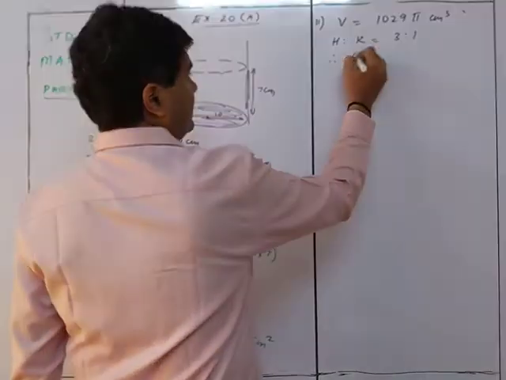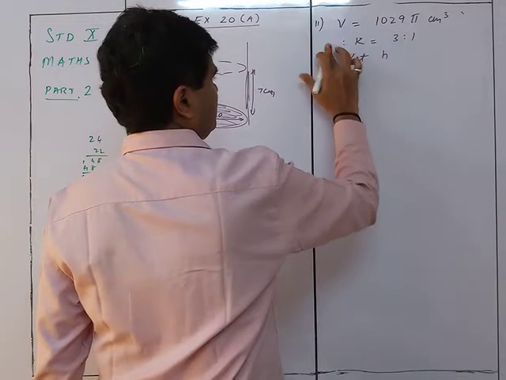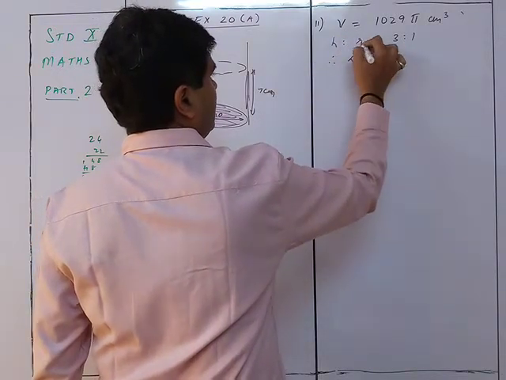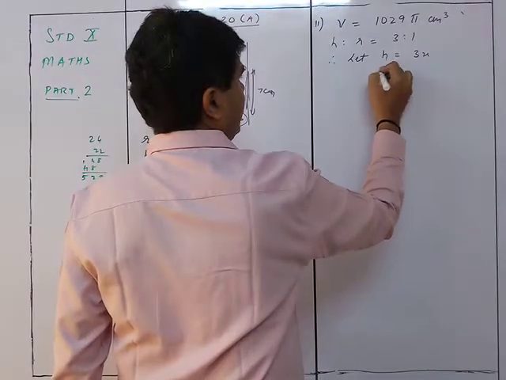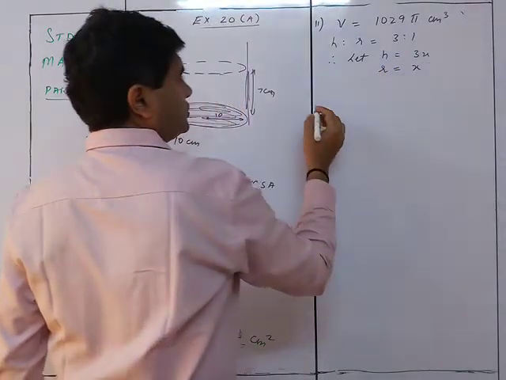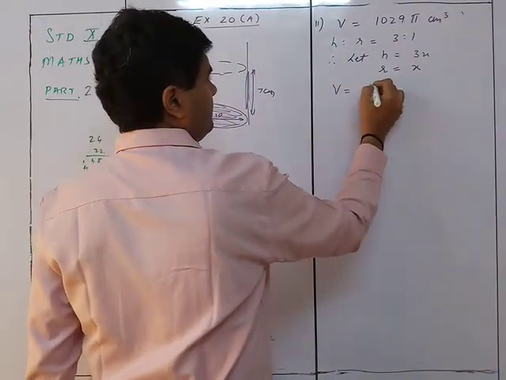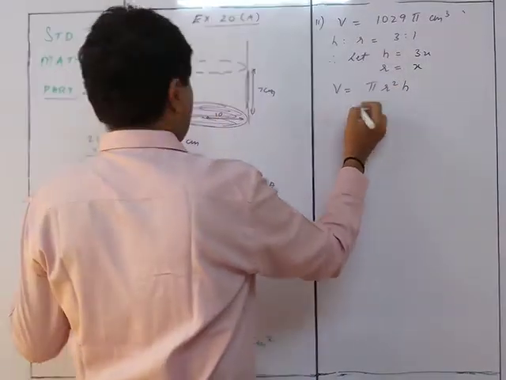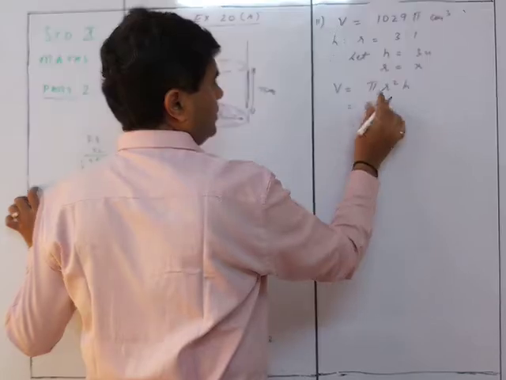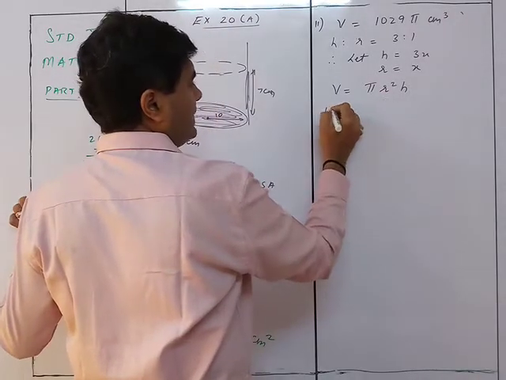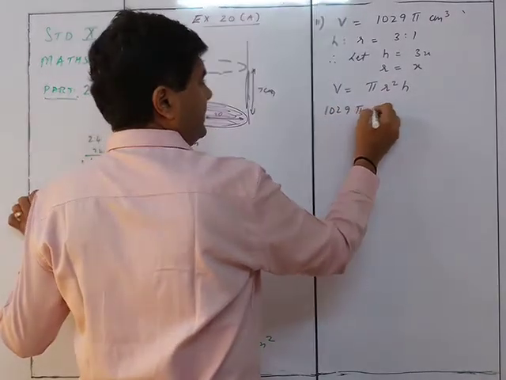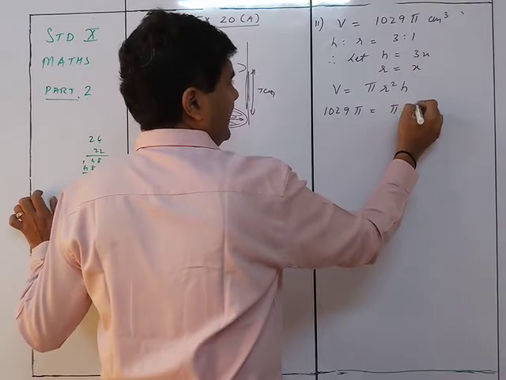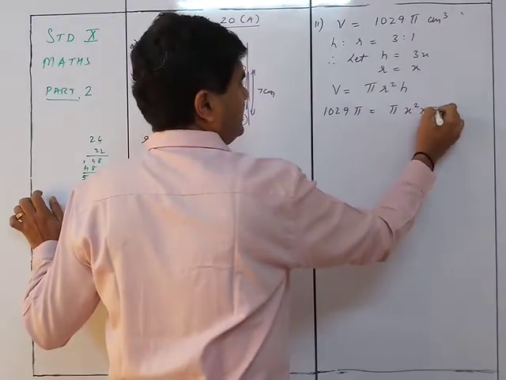Therefore, let h be equal to 3x and r be equal to x. So now we know that volume is equal to pi r square h. So we just have to substitute. So it's 1029 pi is equal to pi into x square into 3x.